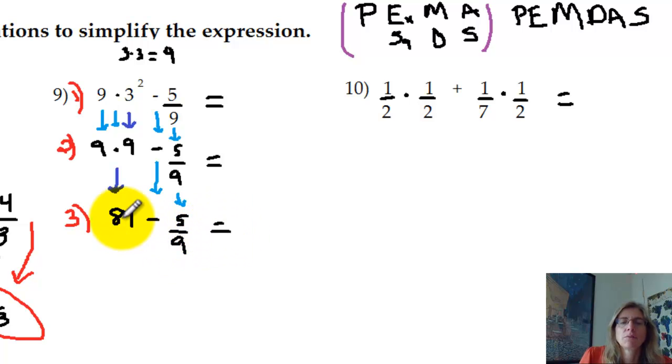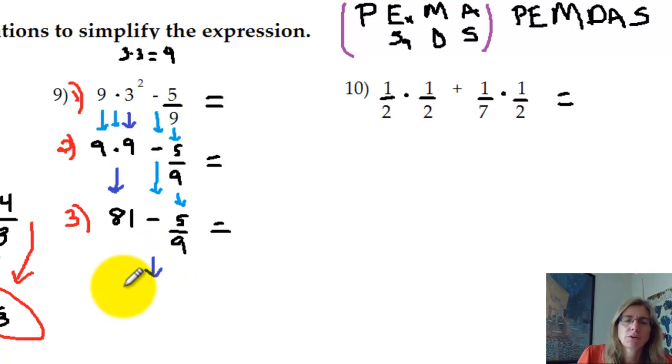Okay, so then we look at the problem this way. Okay, now we have this problem 81 minus 5/9. So we're going to have to borrow to create a fraction. And let's make this a vertical problem so it's a little easier to work with. So we're going to our next step.